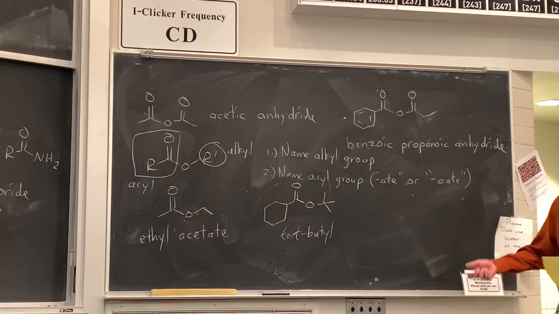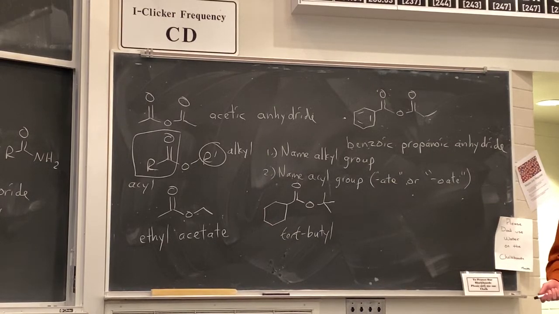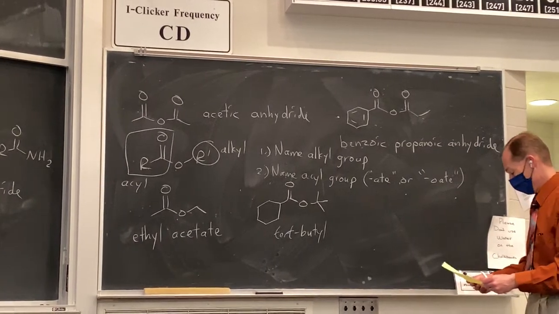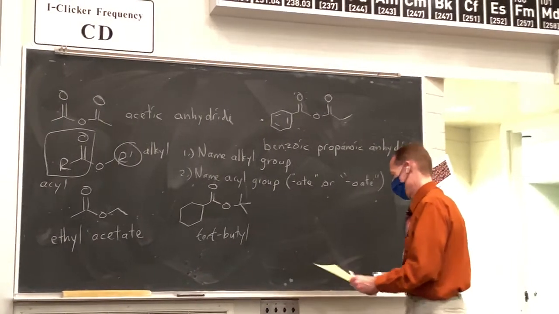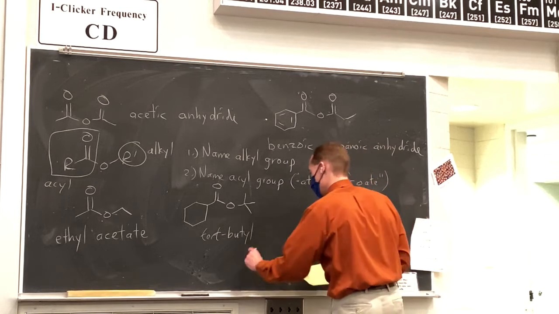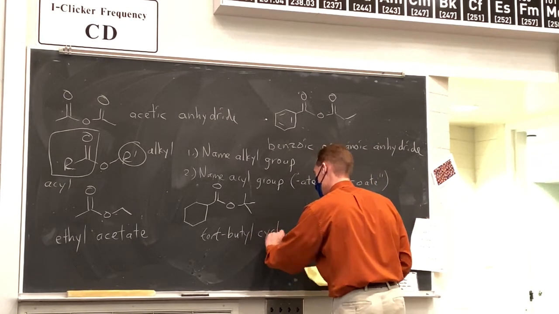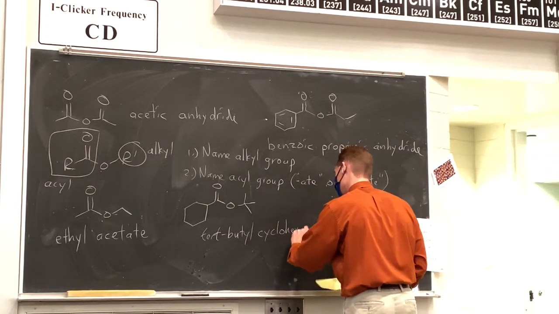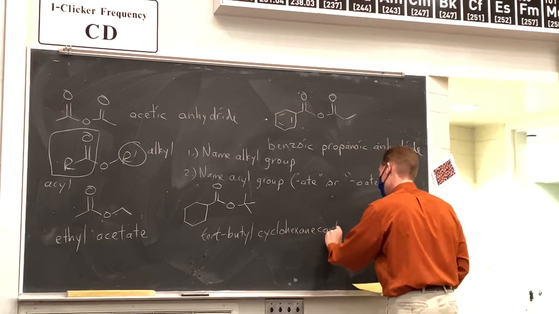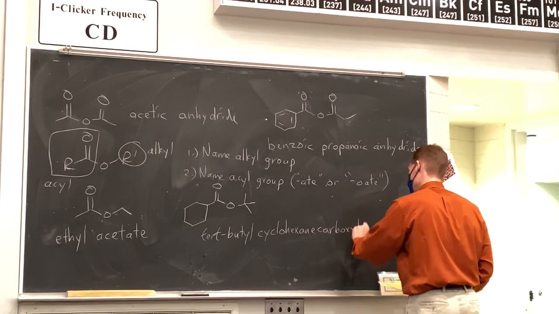What's the carboxylic acid? It would be benzoic if this were an aromatic ring, but it's cyclohexane carboxylic acid. So we call that tert-butyl cyclohexane carboxylate.